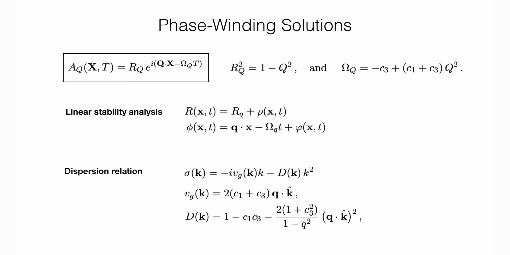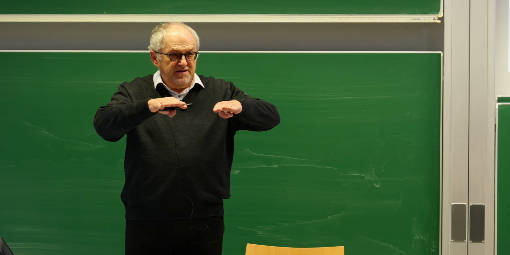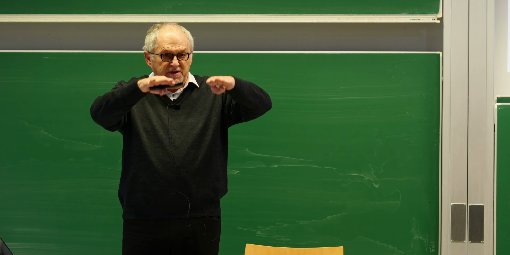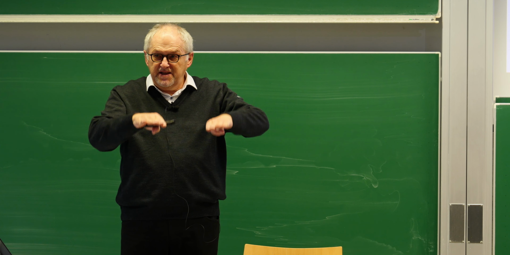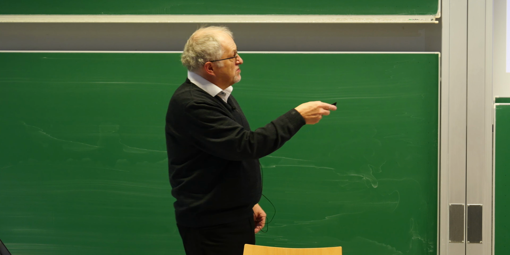All right, and then we said, let's check whether this kind of solution is actually stable. For that, you make a perturbation, and now a change of notation: capital Q is small, case q, etc. So you make a perturbation where the amplitude is an amplitude plus a modulation. You should think of this as the height of the pattern profile, and rho of q is how this height is changing with respect to the base solution.